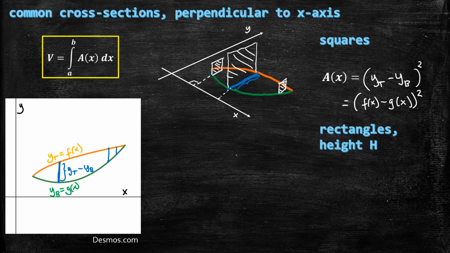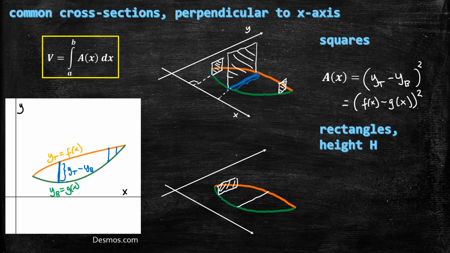Another common cross section is rectangles with height h. H can be fixed or h could be a function of x. So let's say they were rectangles that were fixed, maybe 1 unit high. So the height would not change, but definitely the length of the rectangle will change.